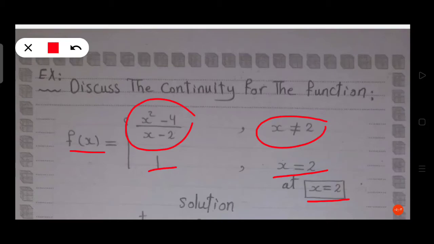Now we should know that we have 3 steps. First, we should find the value f of a, which should be defined, and we will find the limit of function f of x, which should exist, and the third condition that the first and second are equal.